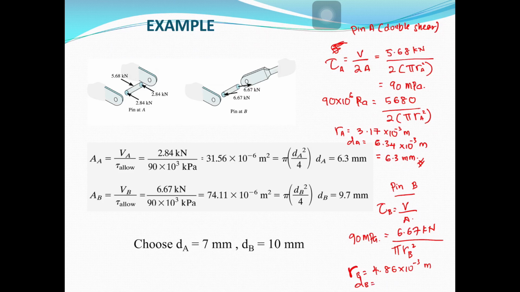So the diameter is just times 2, you'll get 9.7 times 10 to the power of minus 3 meter, alright, or you get 9.7 mm.